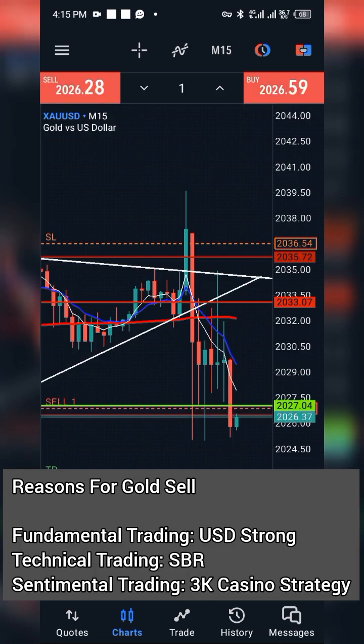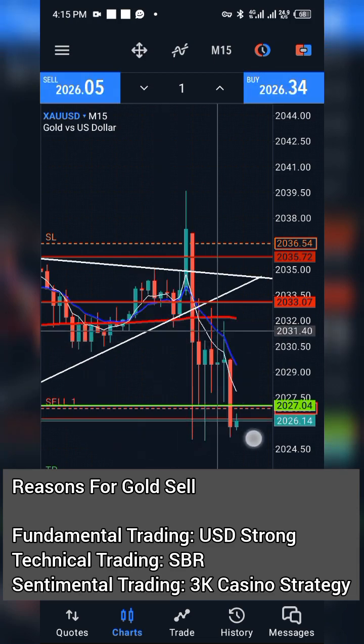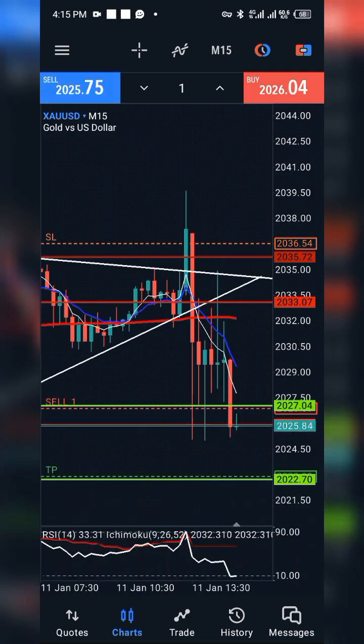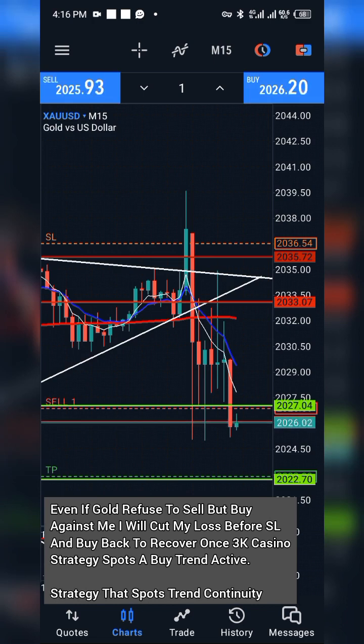And also I entered this market because of this analysis over here that indicates a sell continuation. Lastly, I opted for this market because my 3K casino strategy instructs right now that this sell is active and is going to drop more.